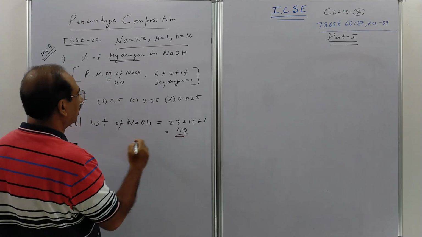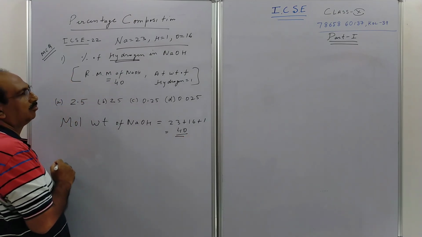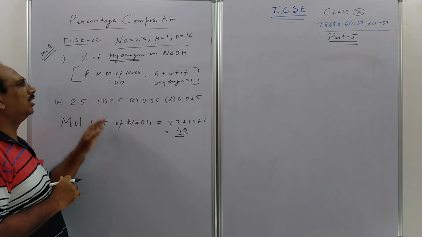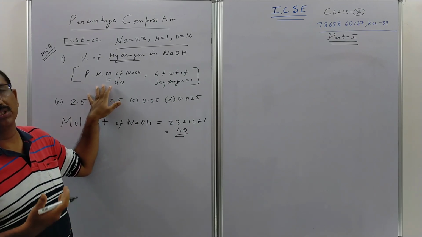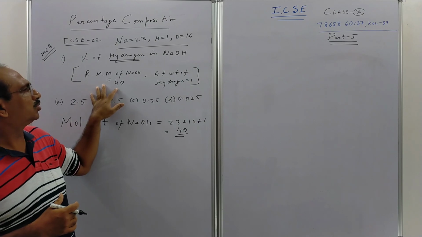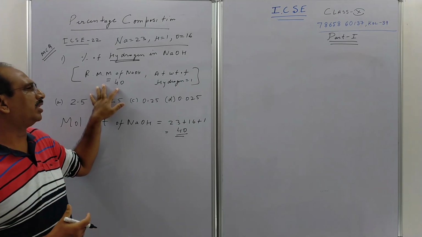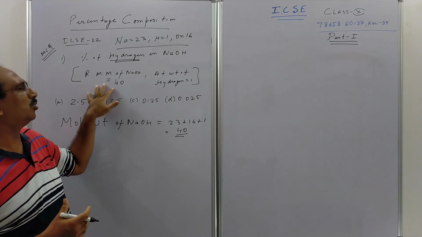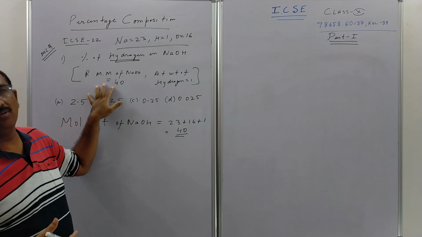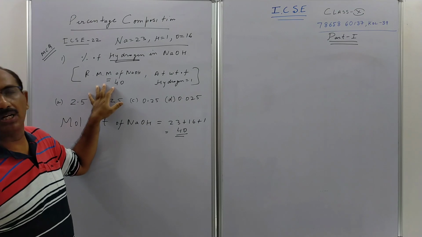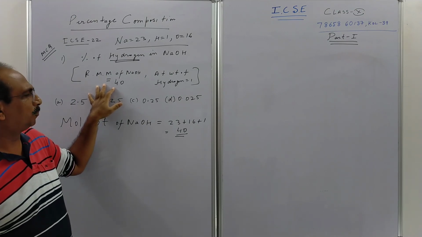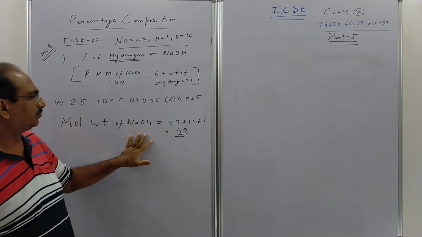So you get 40 as the relative molecular mass. Relative molecular mass means we compare with 1/12 of carbon. Previously it was the hydrogen atom. So just remember the atomic weights and we add and get the molecular weight. Relative molecular mass is without gram. When it is expressed in gram, we call it gram molecular weight. So this is 40.